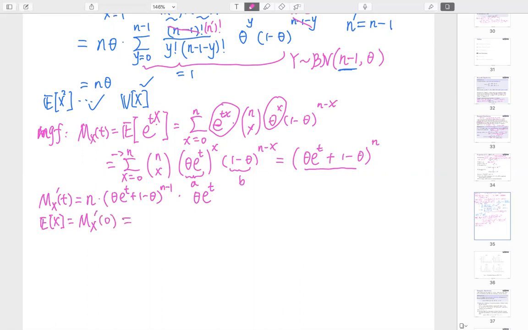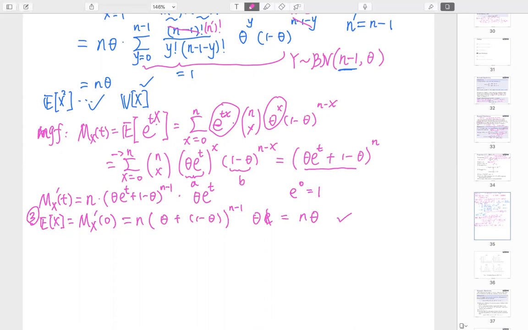So I plug 0 in for t, e to 0 is 1. So I have theta plus 1 minus theta, to the n minus 1, times theta, e to 0 is 1. So it's n times theta. So again, this is method 3 to prove it. There are just so many methods to get to this result.